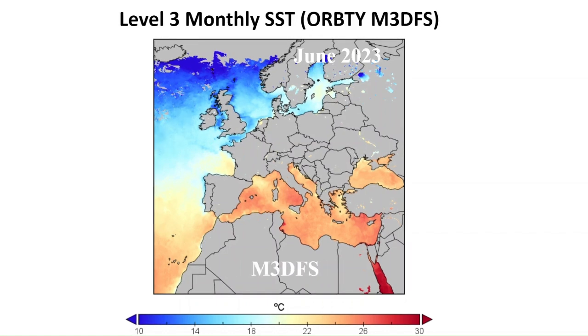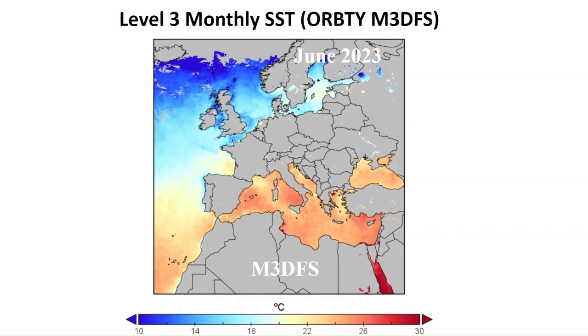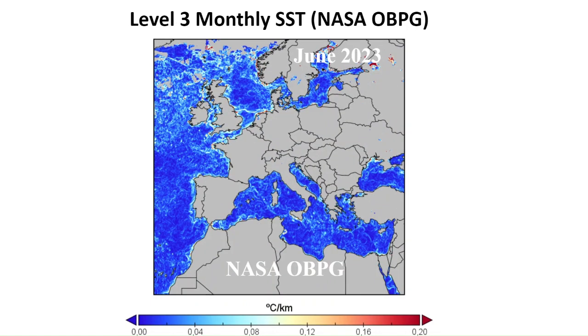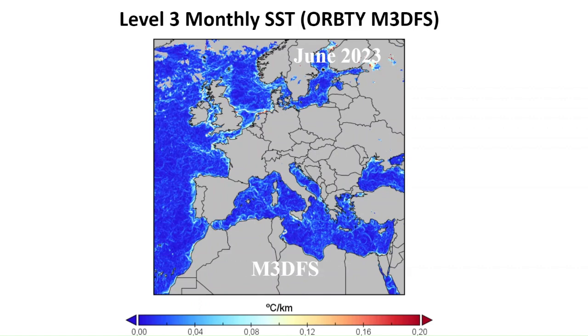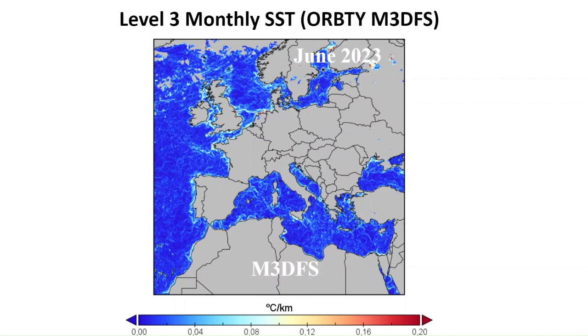At a first glance, these appear to be very similar to each other, but then we compute the magnitude of SST gradients, and we notice that there are, in fact, clear differences. Some features disappear, and other ones are perfectly preserved.